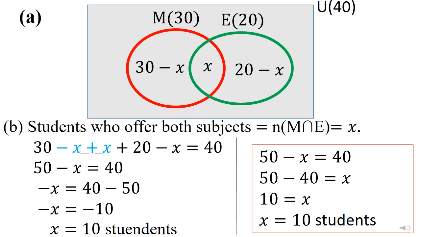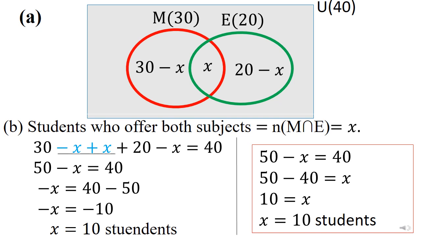Now we group like terms. We have the x at the left hand side of the equation. We maintain it. Then we have 50. We send this 50 across the equal sign to be at the right hand side of the equation. Since it is a positive number, when it crosses the equal sign, it becomes negative. So we have minus x equal to 40 minus 50.